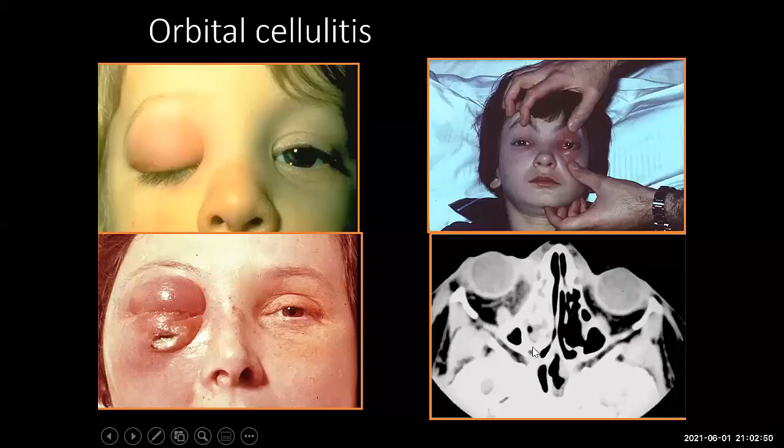This infection can spread to the cavernous sinus, resulting in cavernous sinus thrombosis and even intracranial abscess formation, which is life-threatening as well. So if you have any doubt about periocular swelling like this, do not take a chance. Please do refer them to the eye department. Even if it's superficial cellulitis, as you're pretty sure, try not to treat them; do refer them to the eye department.